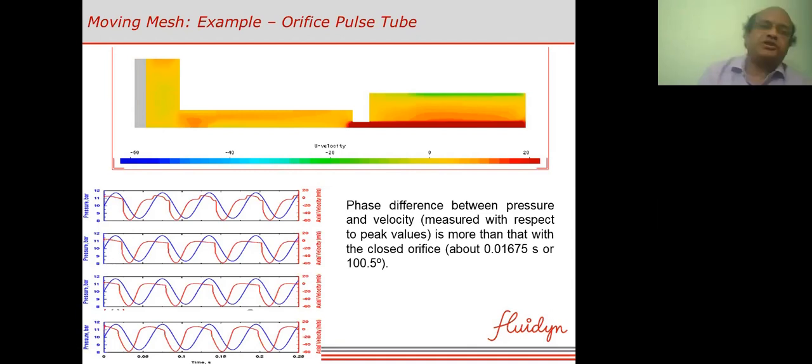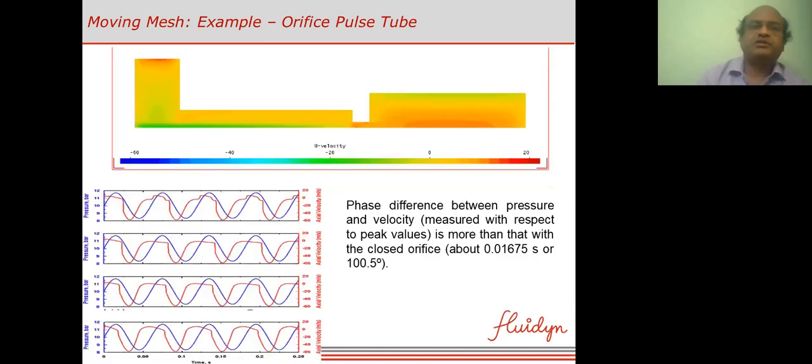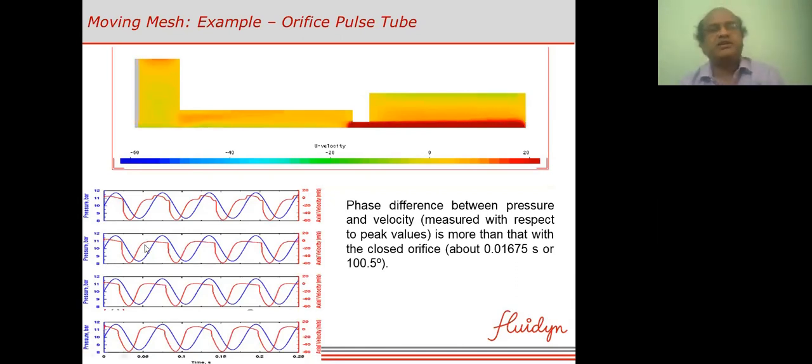There are 5 monitor points, where we monitor the pressure and velocity, and they are plotted here at each point. It can be seen that the phase difference between pressure and velocity is about 90 degrees, which is expected. So this is an example of a structure moving at a specified speed.